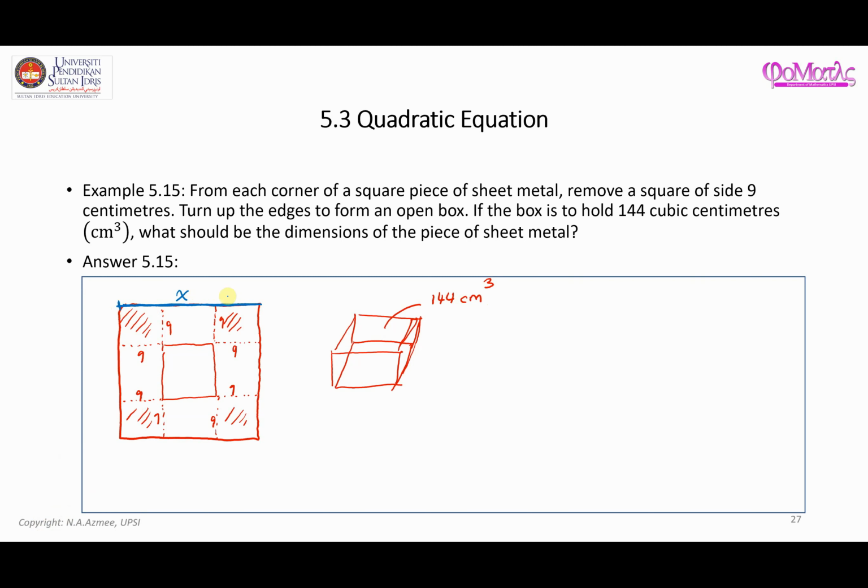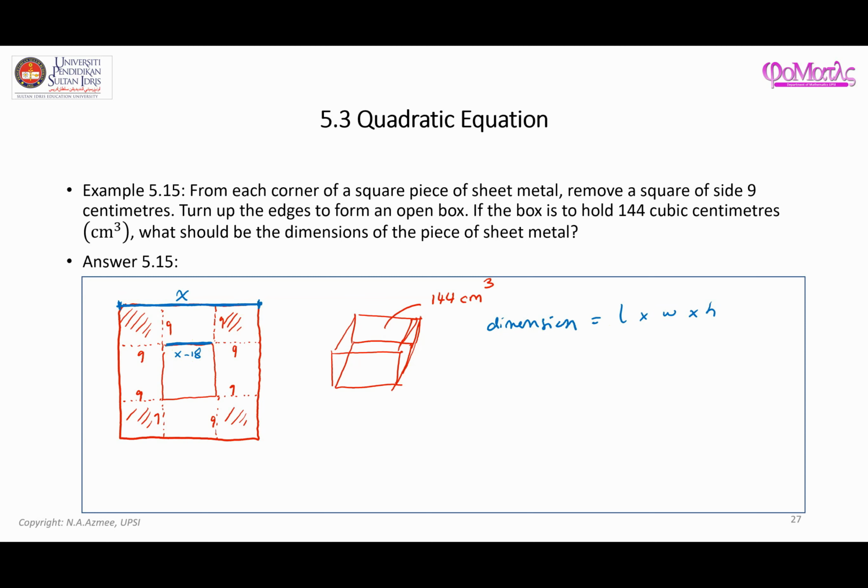Okay, the whole length is x. So if the whole length is x, this part here will be x minus 18. Okay, so dimension will be in terms of length times width times height.